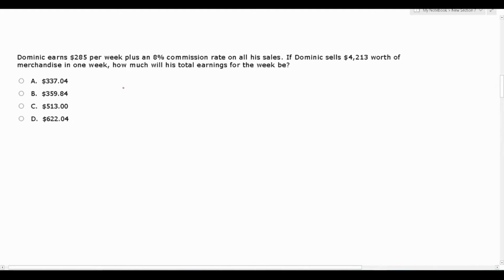We're going to write weekly pay here, and that's going to equal, we know he gets $285 per week no matter how much he sells. So we're going to include 285 here.